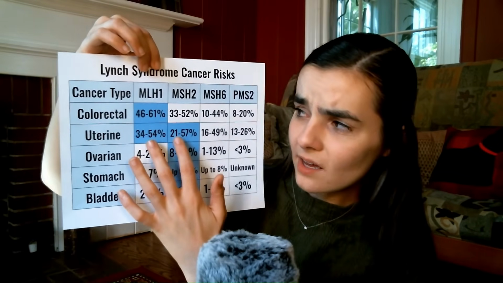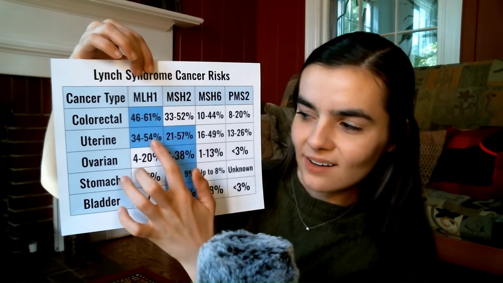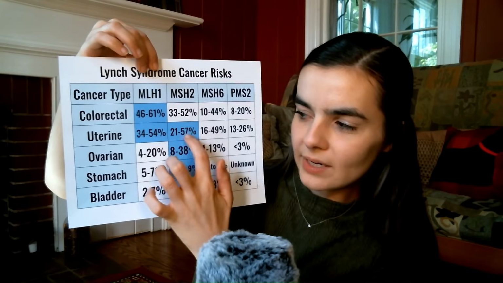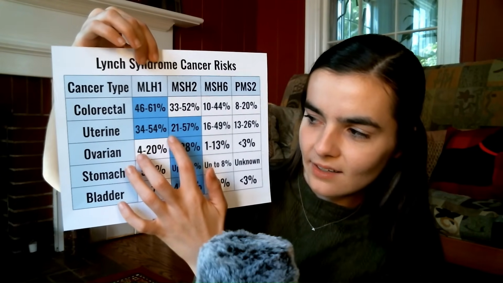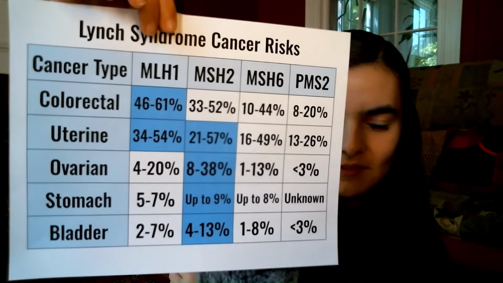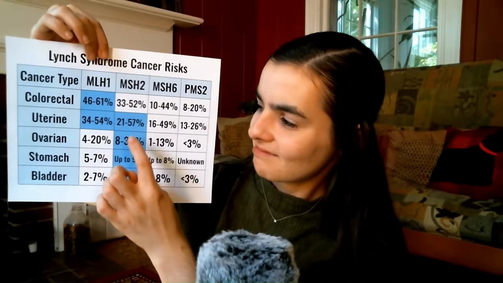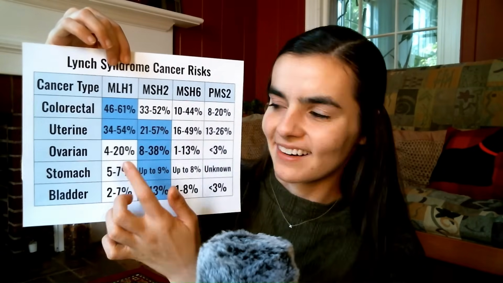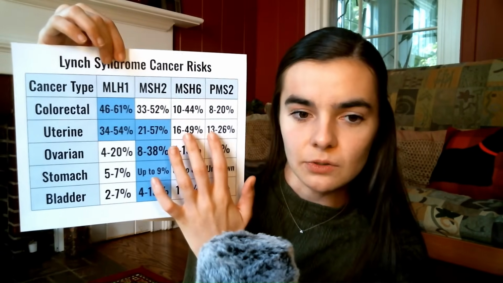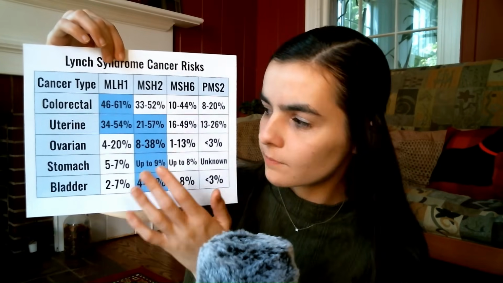The risks with MLH1 and MSH2 are pretty much the same. When I was writing these down, I thought it was funny because the MSH2 risk is 34 to 54, and then 21 to 57, so that's lower and higher. I don't know, but pretty high. And then it definitely goes down with these two, but still there.